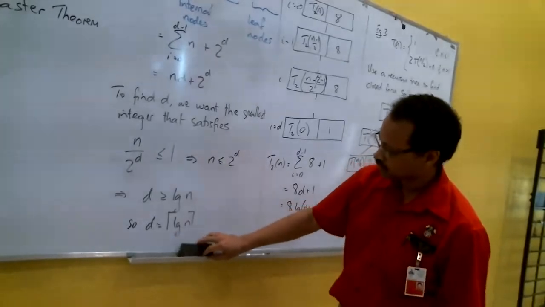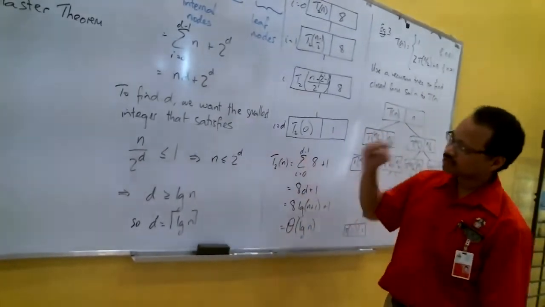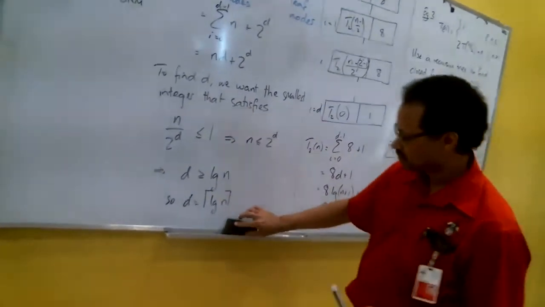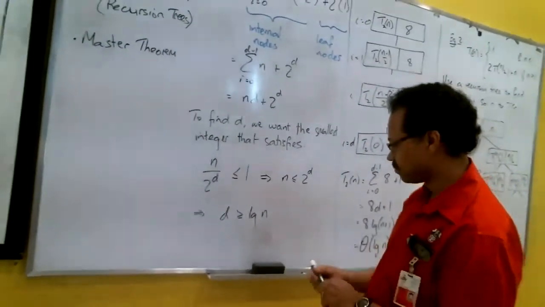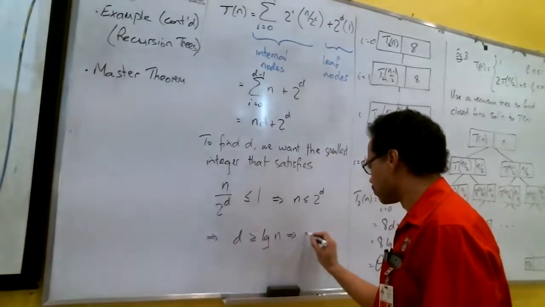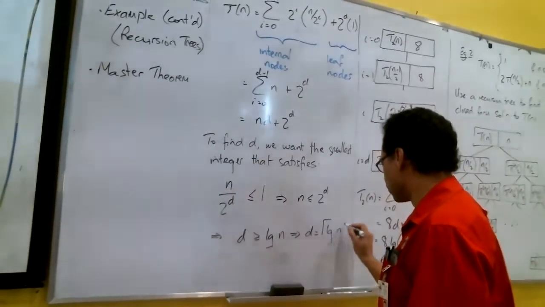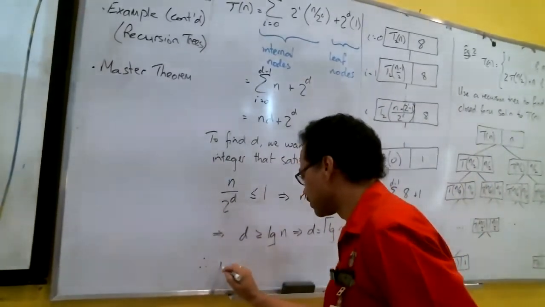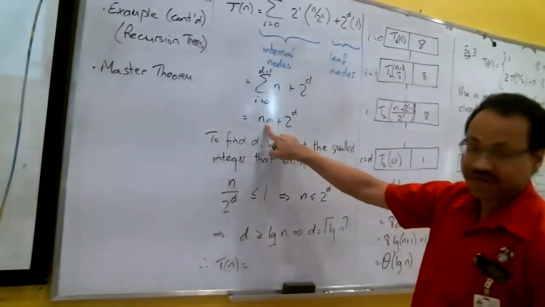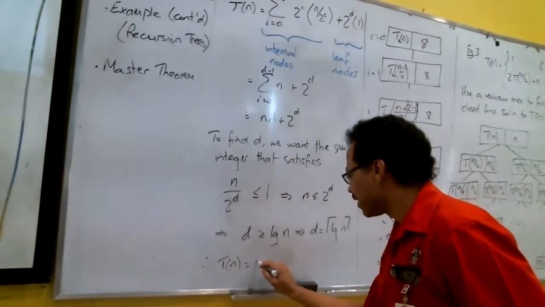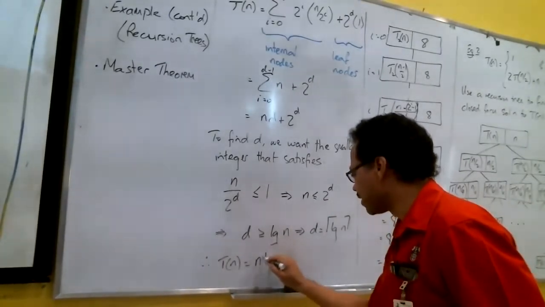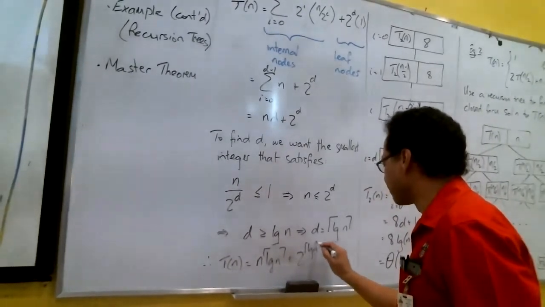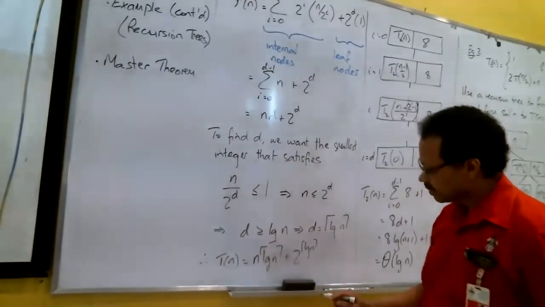Okay. So that means, I should have just wrapped it up right here. What's my order of growth for T of n? T of n, which we got to be n times d plus 2 to the d, is n log n plus 2 to the log n.